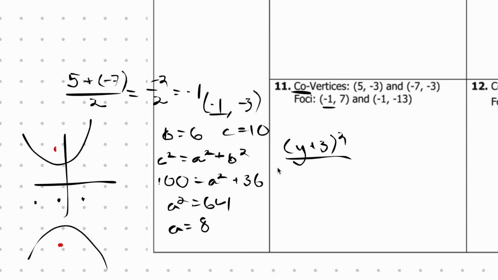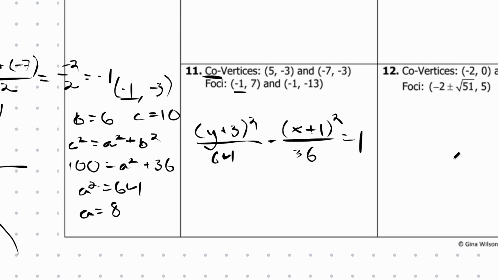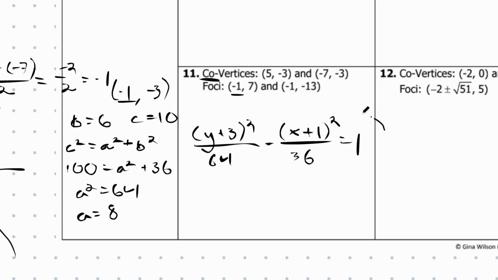So y plus 3 over a squared, 8 squared, 64, minus x minus -1, which is plus 1, squared, over b squared, which is 6 squared, 36. And that's going to be equal to 1. That's just going to be our equation.